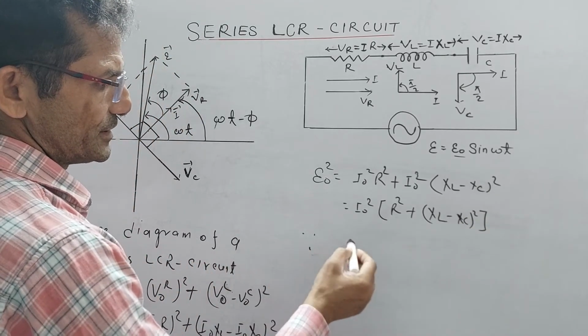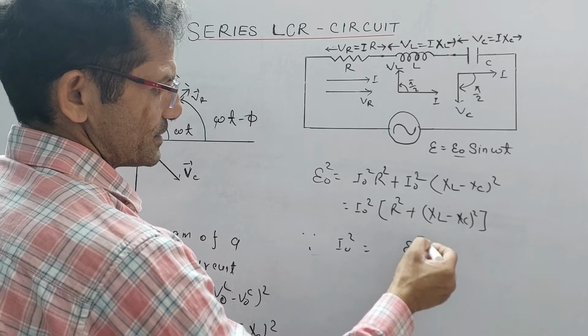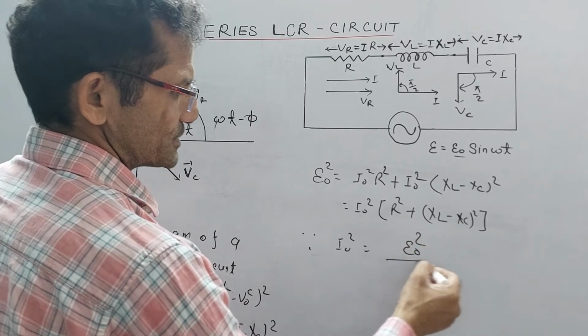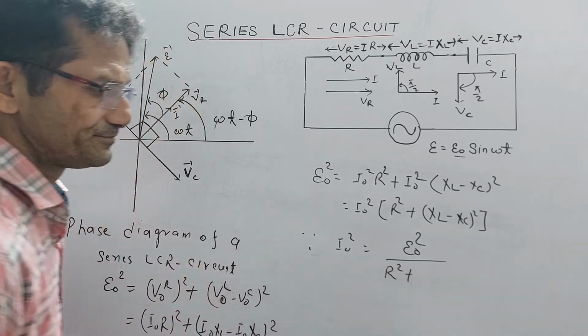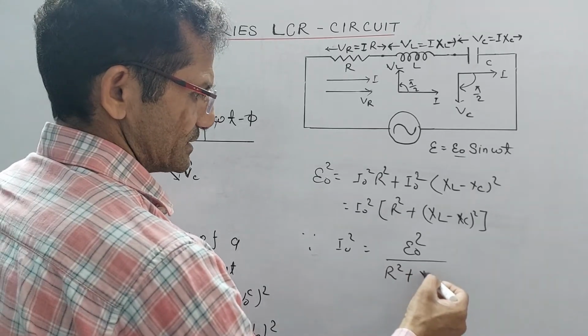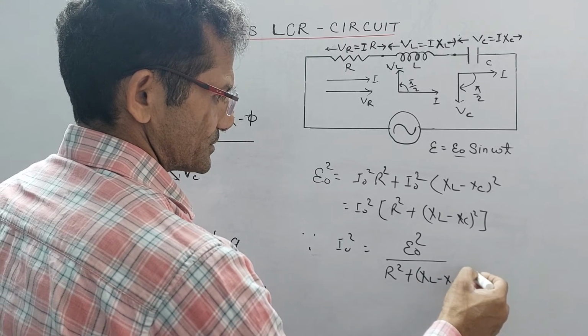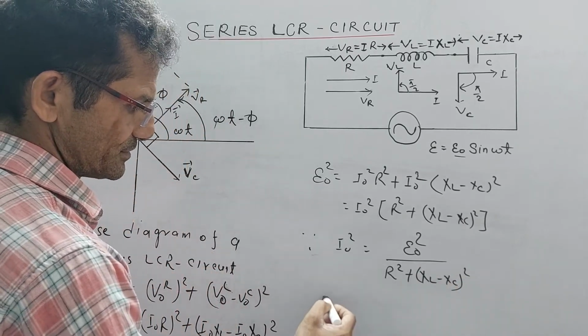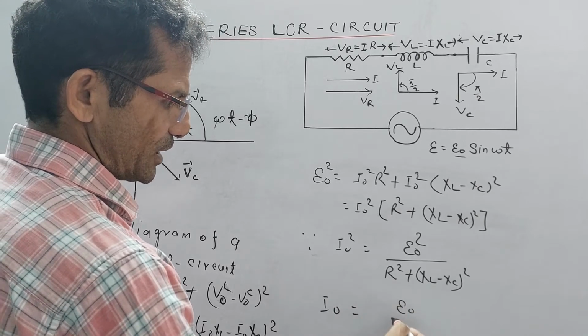Now therefore I naught whole square becomes the maximum amplitude whole square divided by R square plus XL minus XC whole square.